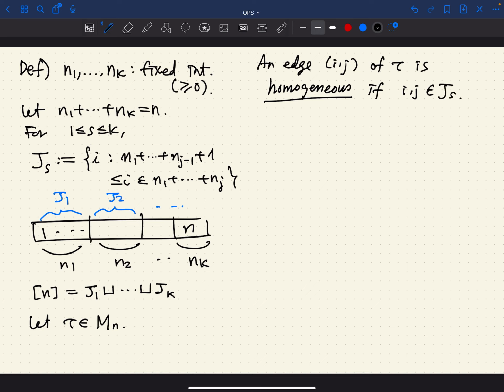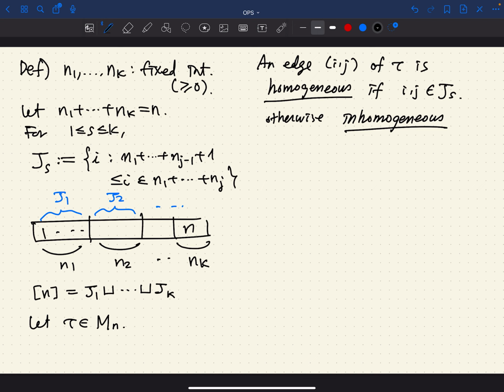Okay, so like this edge is homogeneous, but otherwise it is inhomogeneous. So homogeneous means an edge coming from the same J set, and inhomogeneous means you take two different J sets and then take elements from them. Like homogeneous, inhomogeneous. Okay.